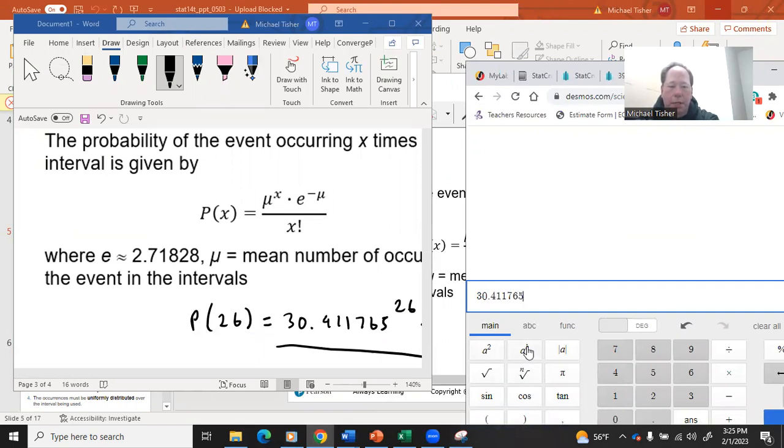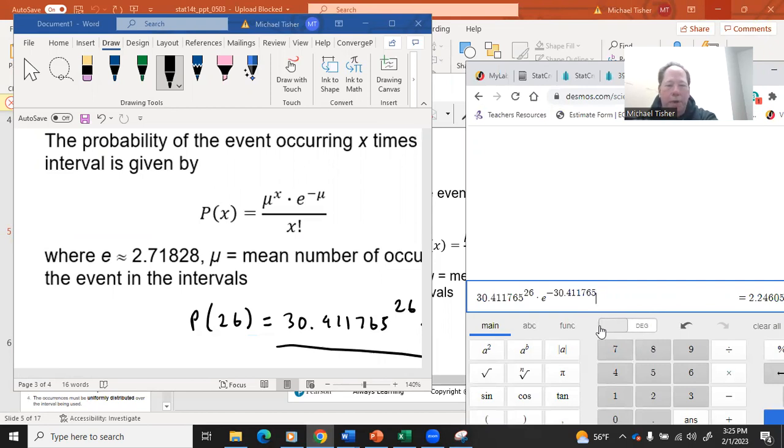To get an exponent, we'll click on this A to the B button, 26, and then hit the times symbol. And then e, just type in e, and then to the negative 30.411765. Now we're going to get the cursor out of the exponent field by clicking on the right cursor key.